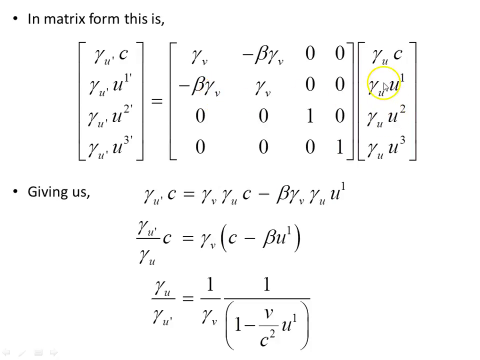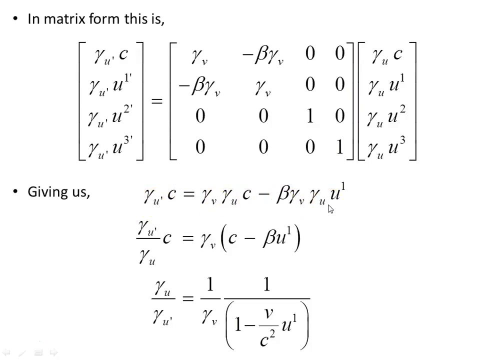Within S, the observer sees the object moving with respect to him or her with speed u. Within S prime, the observer sees the object moving with respect to him or her with u prime. Okay? But the two frames are moving relative to each other with speed v. Now, if we multiply this out, then in the first line, we're going to have gamma u prime c is this object here.